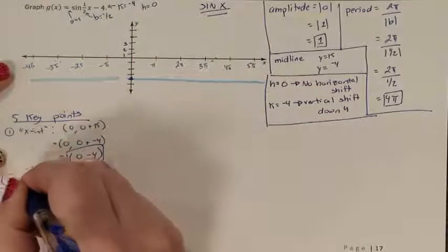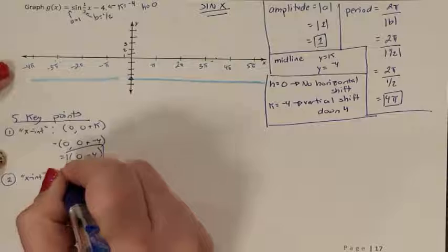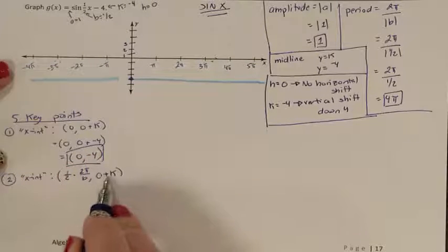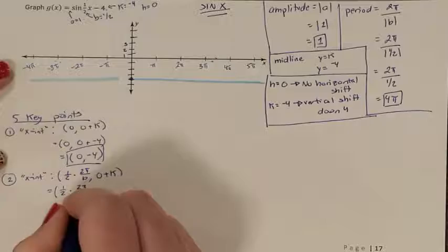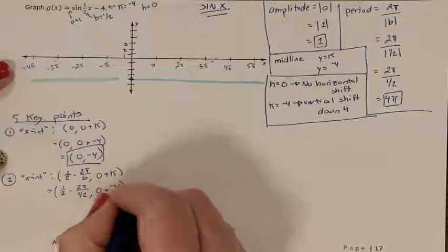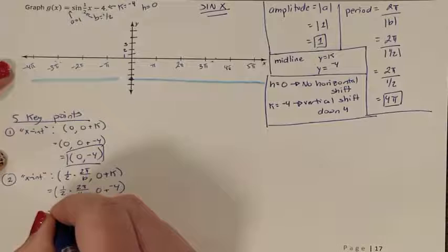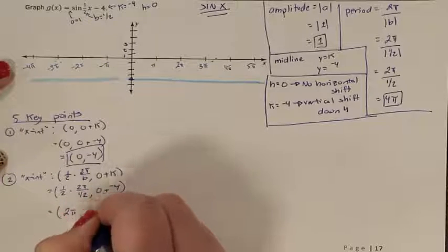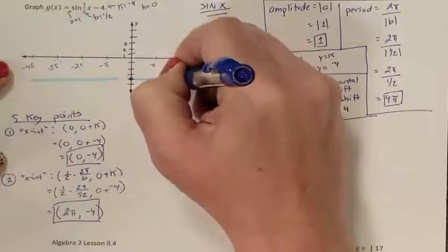My second intercept is this equation taking into account the vertical shift. My b is a 1/2. My k was a negative 4. So my second midline intercept is the coordinate point 2 pi, negative 4.